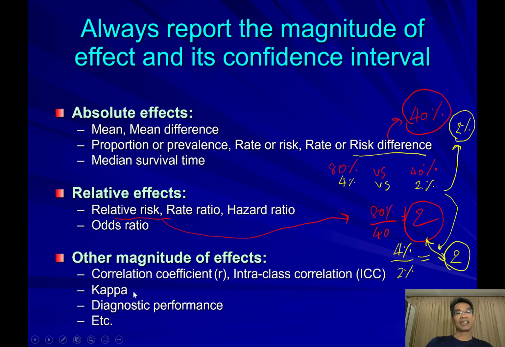Some could be kappa to get the agreement. Some could be diagnostic performance, like sensitivity, specificity, predictive value, whatever. There are a lot. So the most common statistical methods revolve around this to get the magnitude to support the conclusions.